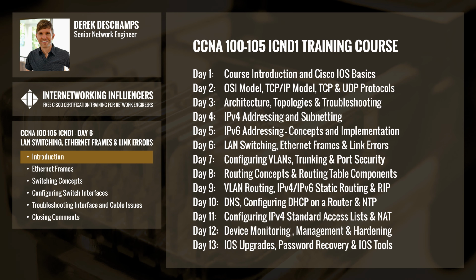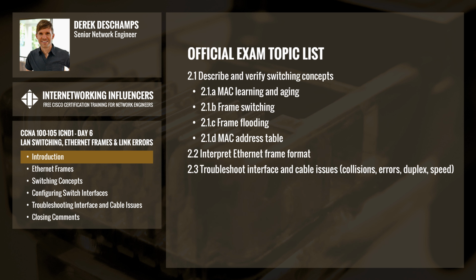The Internetworking Influencers CCNA 100-105 ICND1 training course is comprised of 13 videos, each focusing directly on a set of specific items on Cisco's official exam topic list. Today's episode will cover item 2.1, describe and verify switching concepts, including MAC learning and aging, frame switching, frame flooding, and the MAC address table.